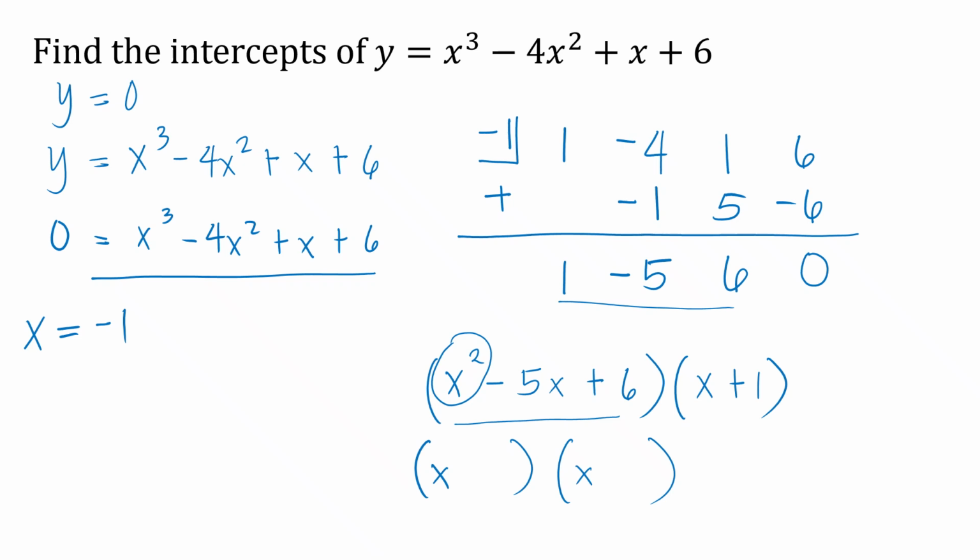So we have 2 times 3, 6 times 1, negative 2 times negative 3, then negative 6 times negative 1. Then after listing all the numbers that we're going to multiply will result to positive 6.